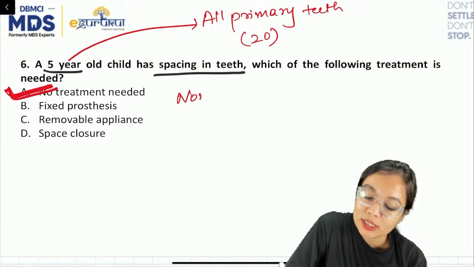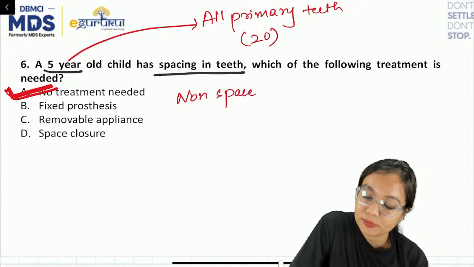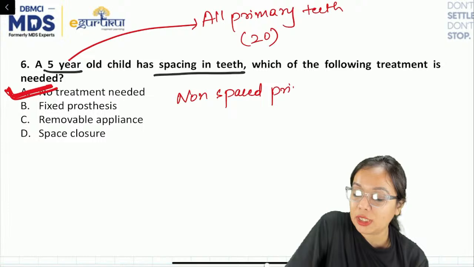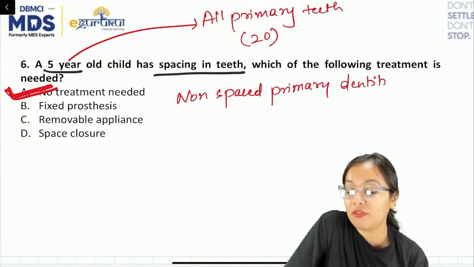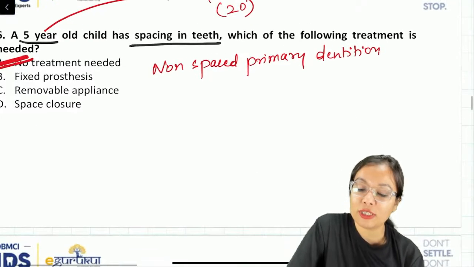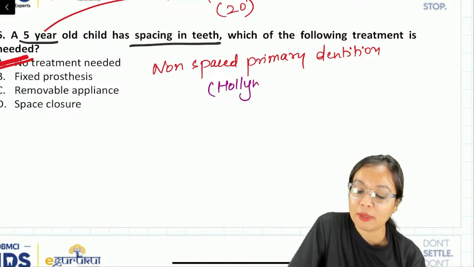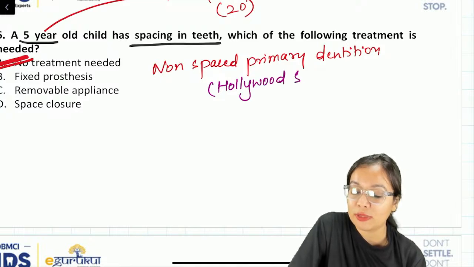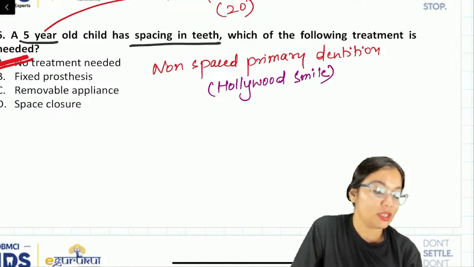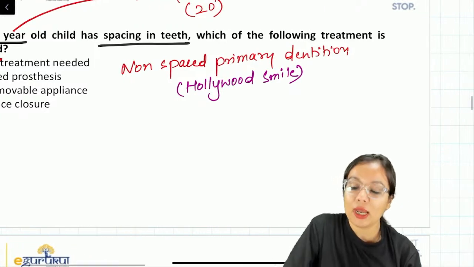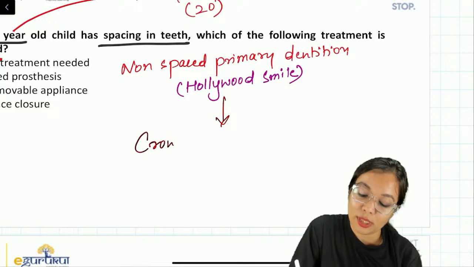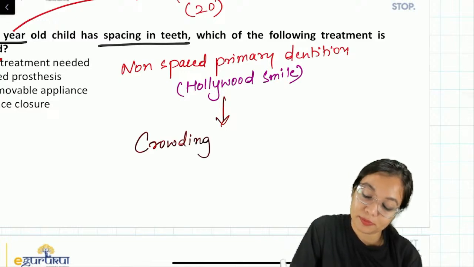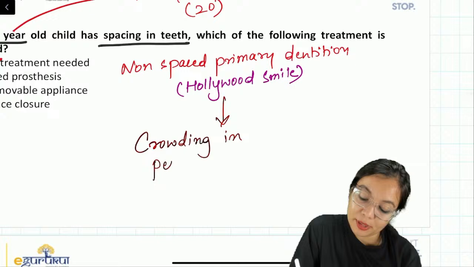So a non-spaced primary dentition, which is by the way also called as a Hollywood smile. So this can also be asked in MCQs. So a non-spaced primary dentition is called as a Hollywood smile. So it is very Hollywoody at the beginning, but it 100% results in crowding in permanent dentition.